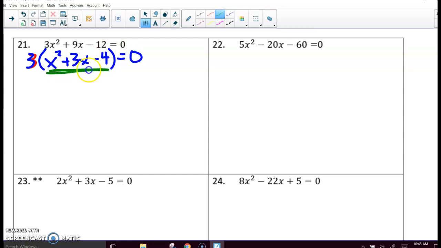Now I'm going to take a look at what's in parentheses and factor that further. My leading coefficient is 1, so I'm thinking about what do I multiply together to get negative 4 that adds to 3? Okay, make sure you put your GCF on the outside. What multiplies to negative 4 and adds to 3?